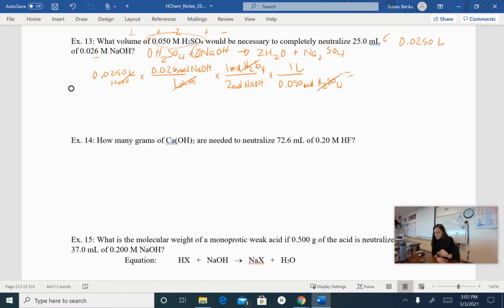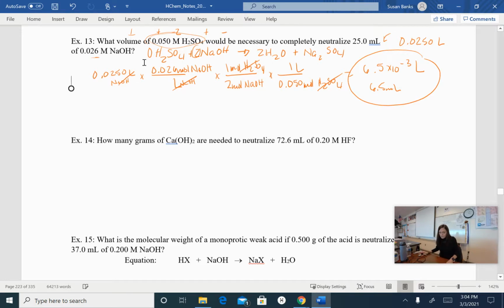Okay? So when I do the math on this, I only have 2 sig figs, so I will get 6.5 times 10 to the negative 3 liters. If I want to make that milliliters, that would be 6.5 milliliters. Okay, so not a whole lot of sulfuric acid is needed there.